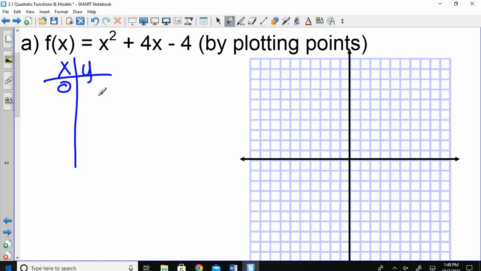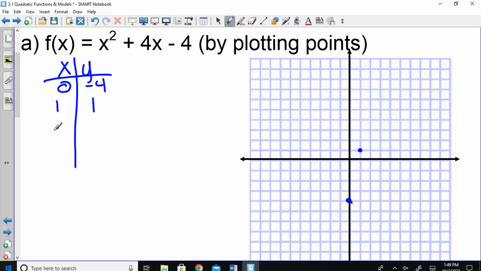Start with 0. We put in 0, we get -4. If I put in 1, I get 1 plus 4 minus 4, so we get 1. What else?